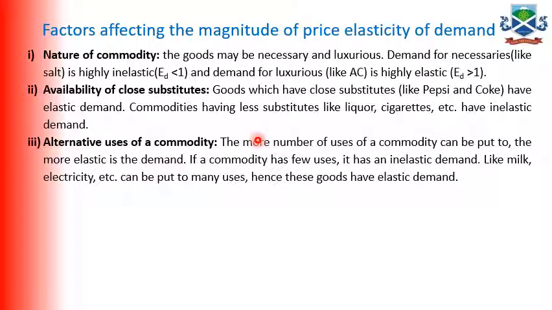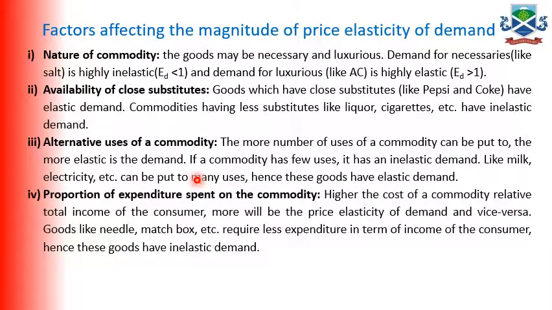So if the price increases by a large amount, people will demand less of that commodity, they will go for substitutes for the uses of this commodity, and that's why elasticity will be greater. And if there are fewer uses, then the elasticity of demand is less than 1. Next one is the proportion of expenditure spent on the commodity.